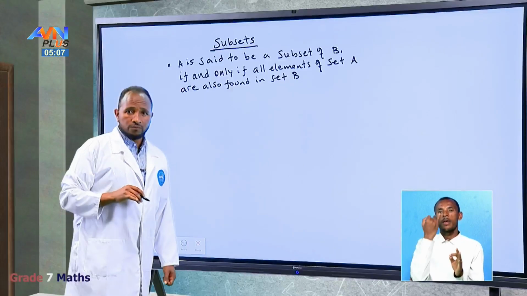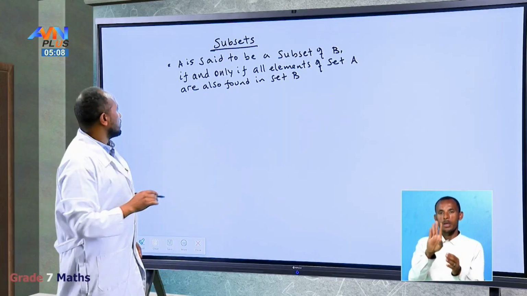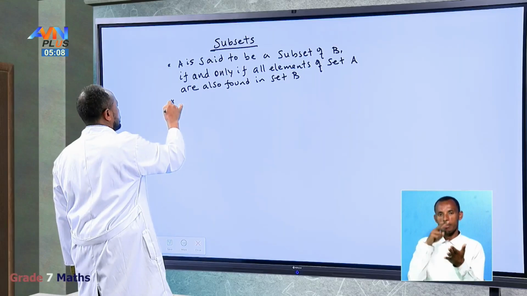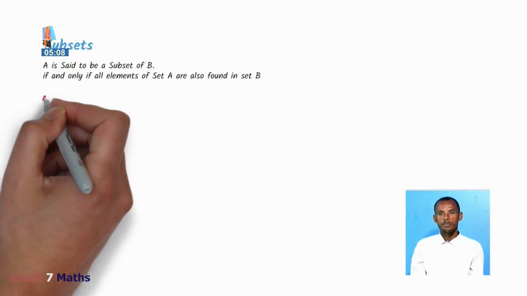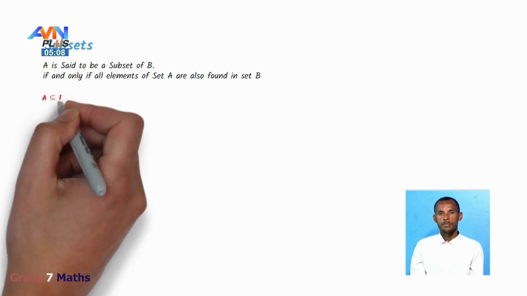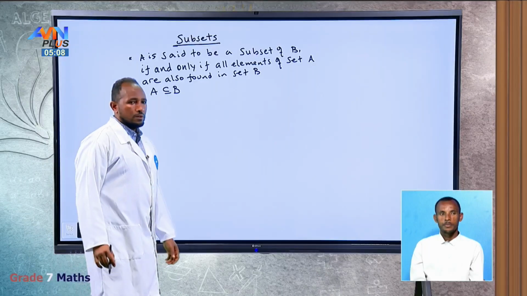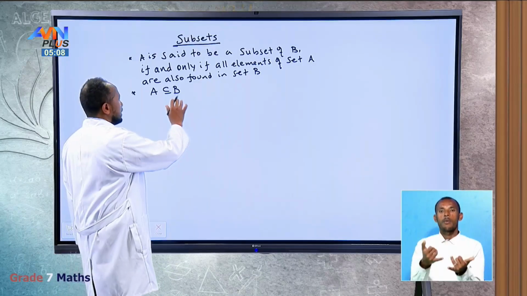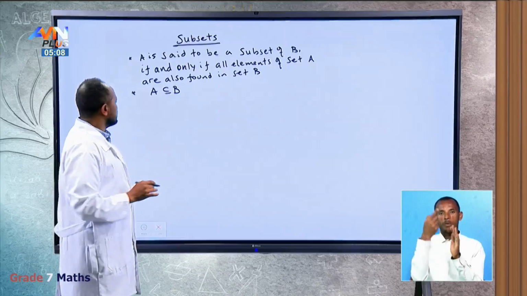If A is a subset of B, symbolically we write it in this form.